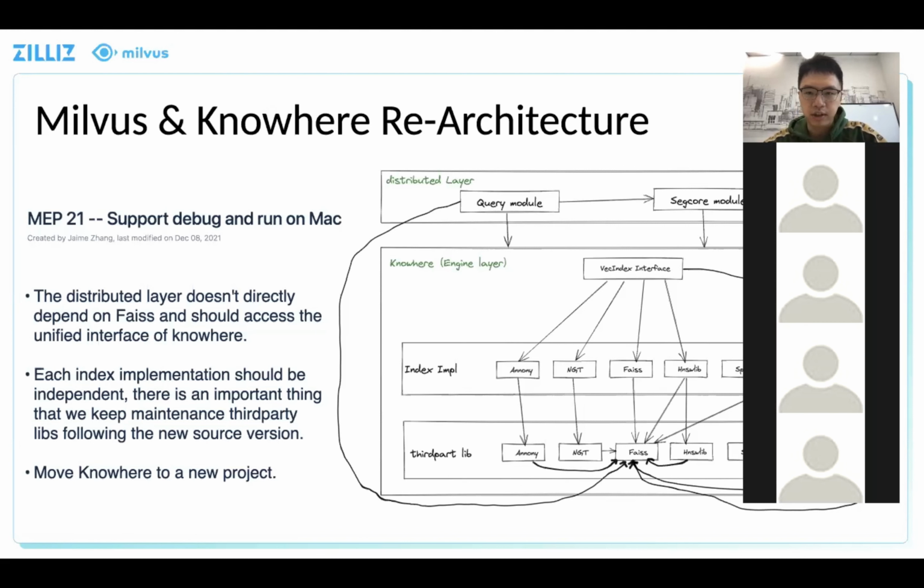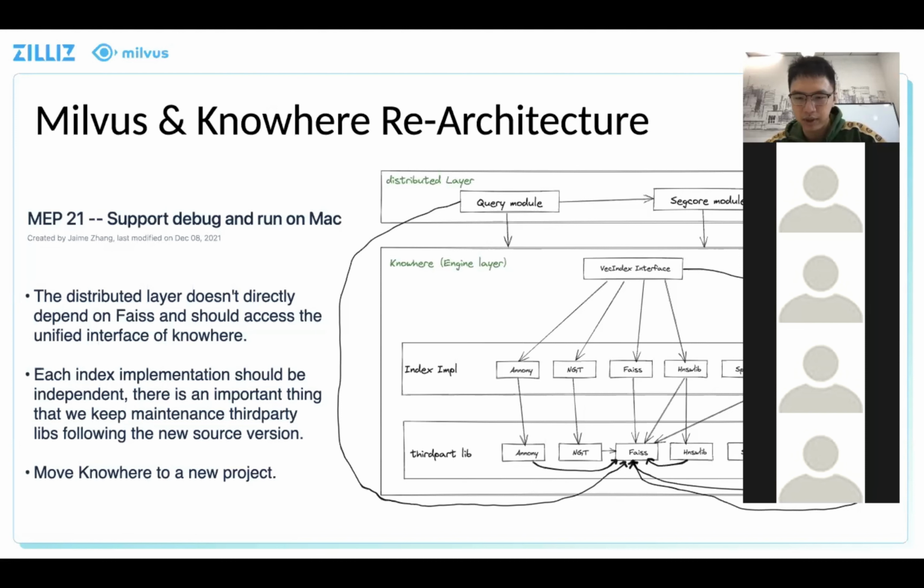Basically, if you can see this picture, Milvus has a core engine part, which is called Knowhere. Knowhere has all the distance calculating algorithms and indexing things. As you can see from this graph, we have these really messy dependencies.